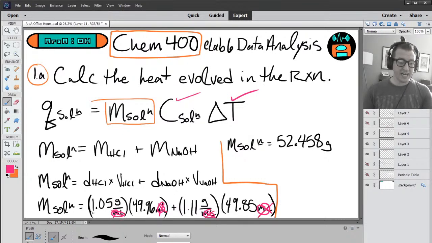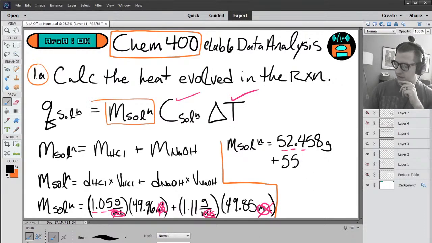Sig figs wise, I can only keep 1, 2, 3. So I'm going to remind myself there, that's the mass of the HCl plus my mass of sodium hydroxide. 1.11 times 49.85 is 55.3335 grams. Again, also we're limited to 3 sig figs here.